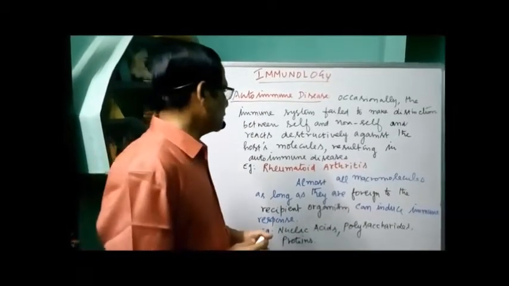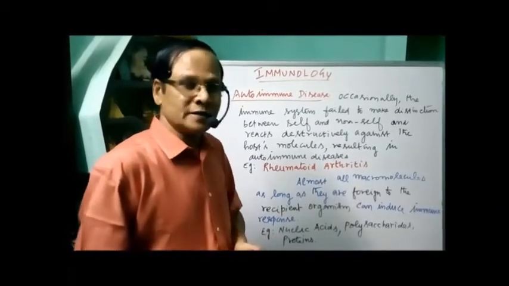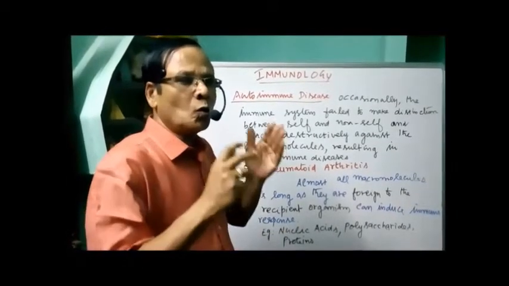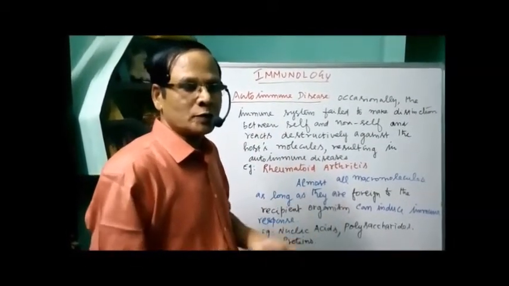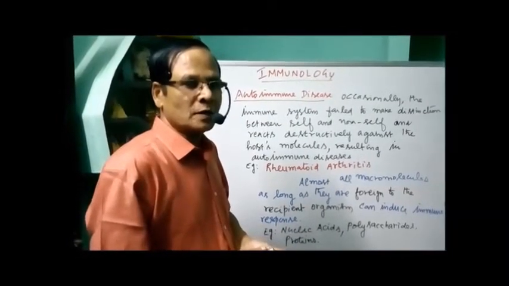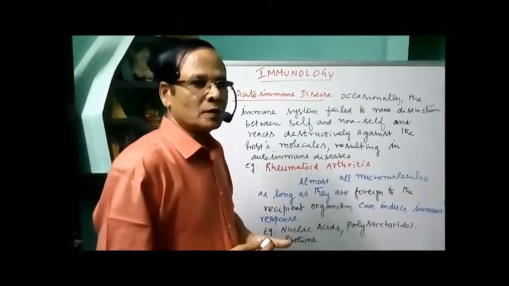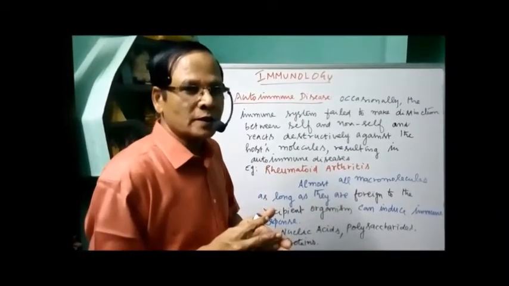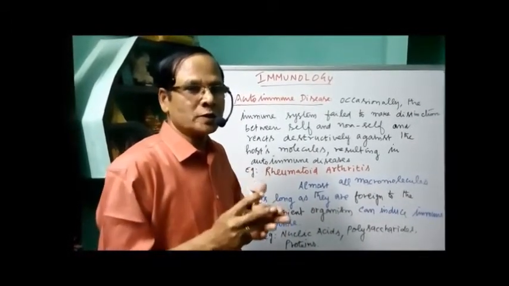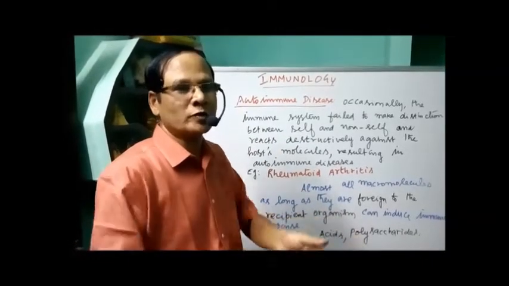Now, we have to go for the next one. What is an antigen? Almost all the macromolecules like proteins, polysaccharides, carbohydrates and nucleic acids, which are foreign to the body, have the ability to induce an immune response in the recipient organism.